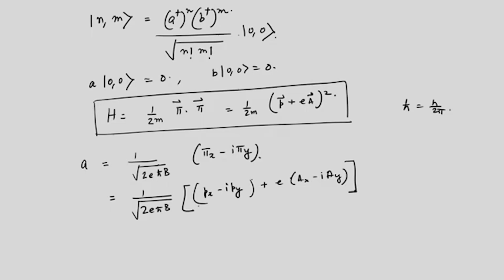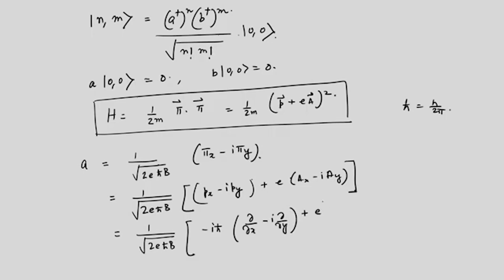Now, I will introduce p_x equal to minus i ħ ∂/∂x, and then from there we will do something else. So, it is 1 over root 2 e ħ b, and we have minus i ħ (∂/∂x minus i ∂/∂y) plus e.